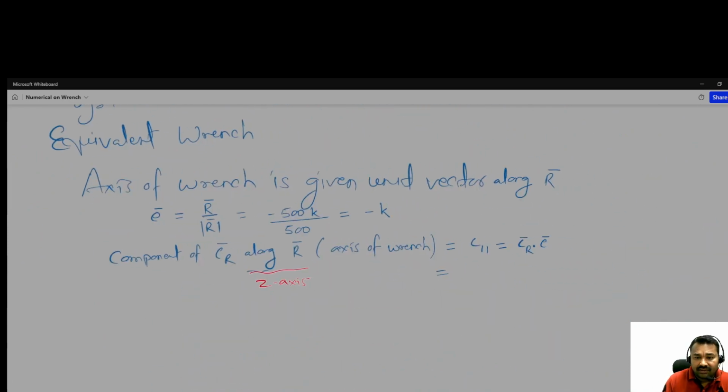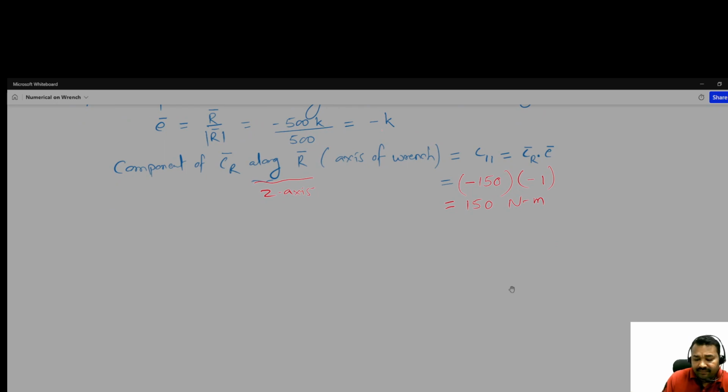So it is minus 150 times e, which is minus K, meaning minus 1. So we get 150 newton meter, and it is the scalar component.